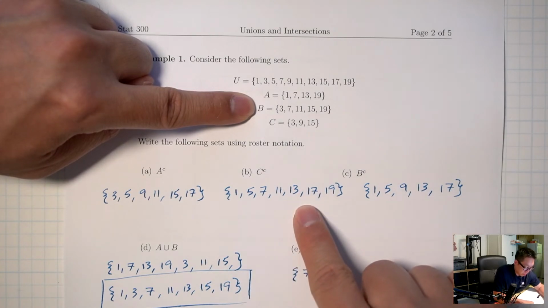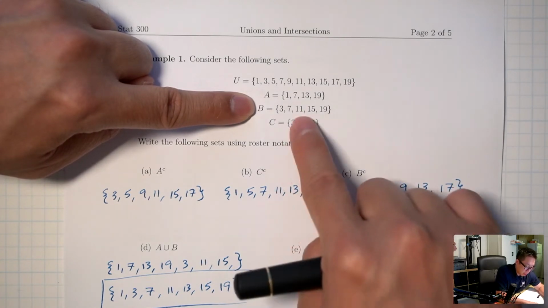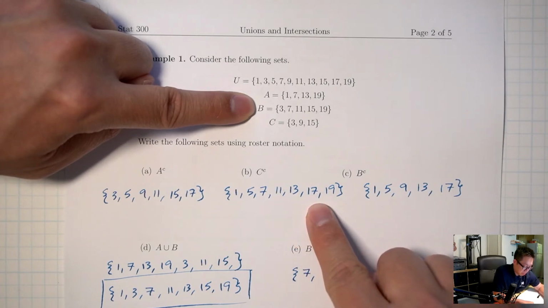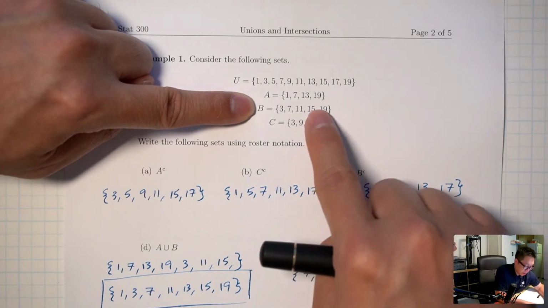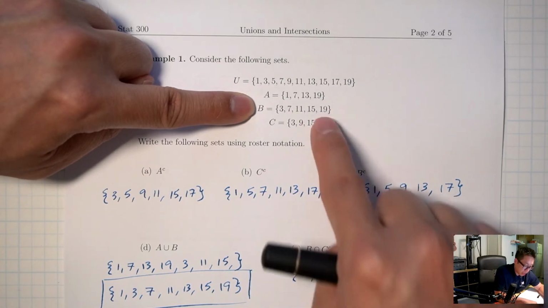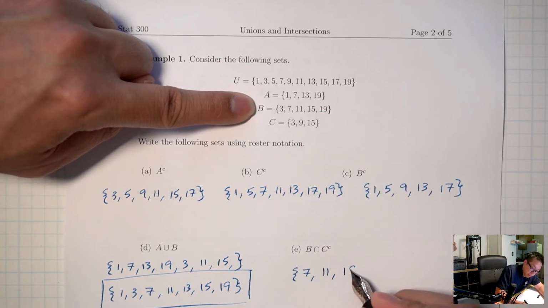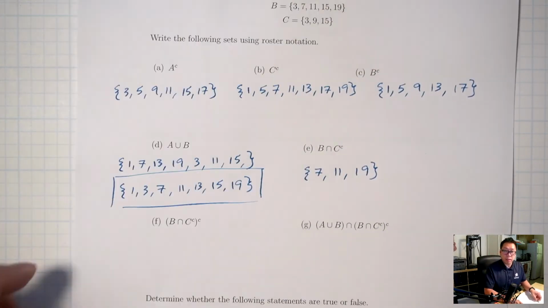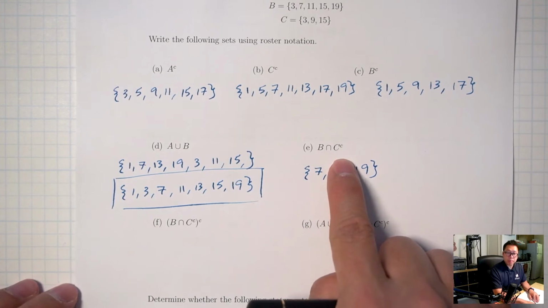What else? I see 11 that's in both. What else? Not 15. 19. I do see 19 in both, so 19. And that's B intersect C complement.